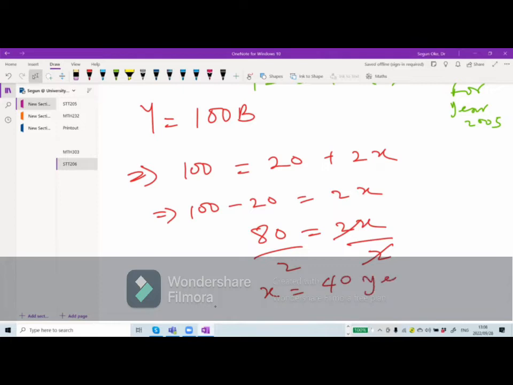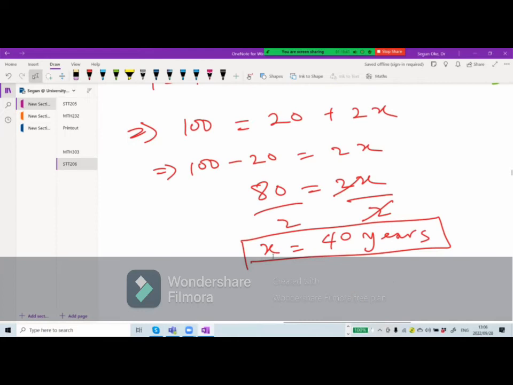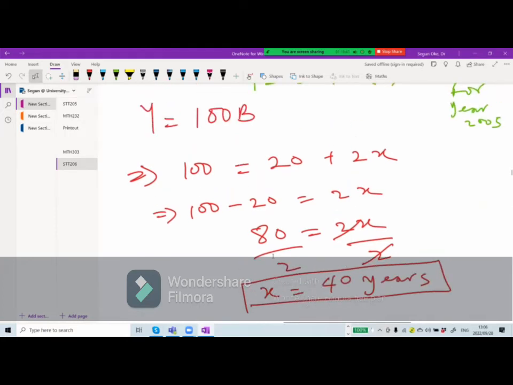That means in the next 40 years, that is when we are going to make 100 billion. Can you see the way it works now? Yes, sir. That is how you use your linear regression model. So the same work, we are using it the way we have it in our normal class.